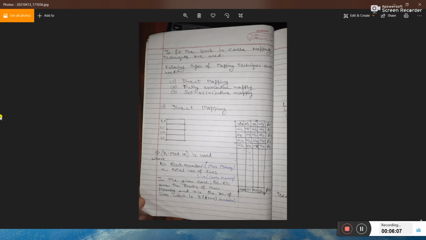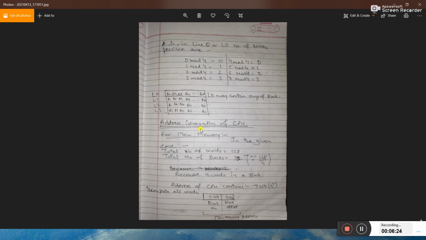So you can see that there are a number of blocks, and any particular block has a particular line number. It is not possible that B0 can be saved in L1, or that B3 can be saved in L1. No, it is only possible as defined by this formula.